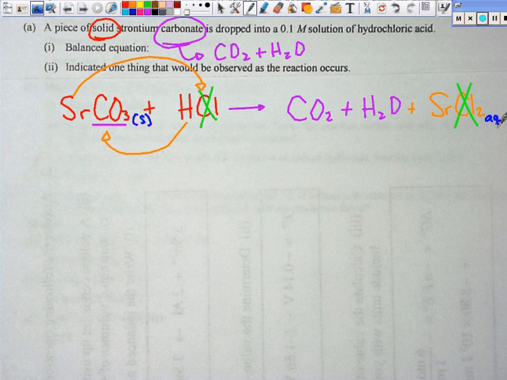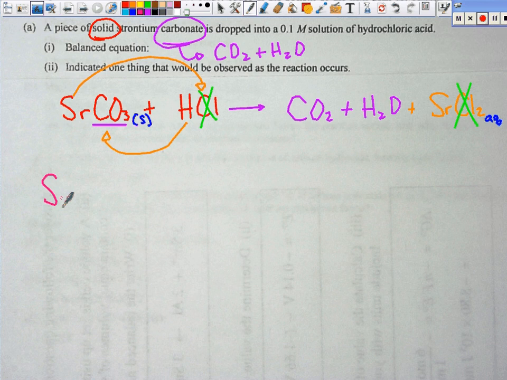So let's write the reaction. It would have been SrCO3 plus H plus. What happened to the Cl? It went away.